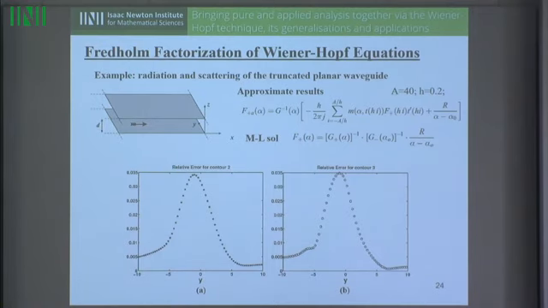Usually I make self-convergence checks and compare with completely different methods. Usually I compare my solutions with the finite element method to check if I get the same solution. So that's what I'm doing.